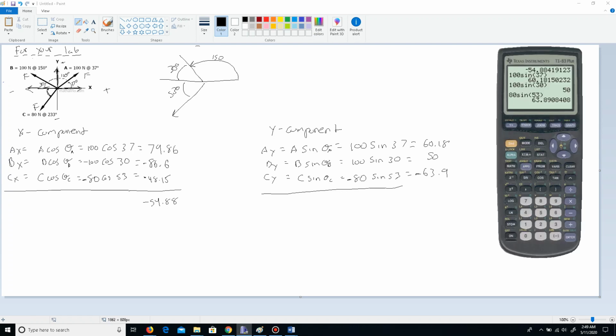Alright. So same thing if I add down 100 sine 37 plus, now because I did it that way, I know that's going to be 50, so it's a lot easier to just type in 50 minus, and then 80 sine 53. So plus 50, these two positive, minus C, you get 46.3 or 46.29.